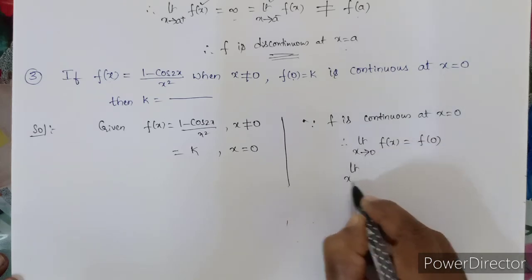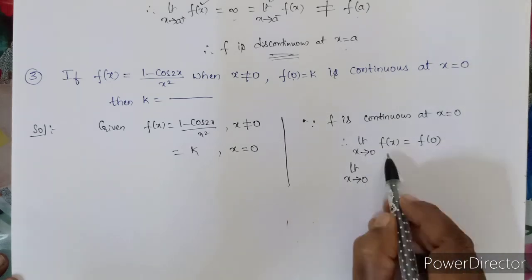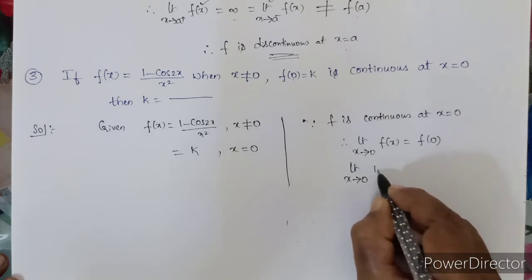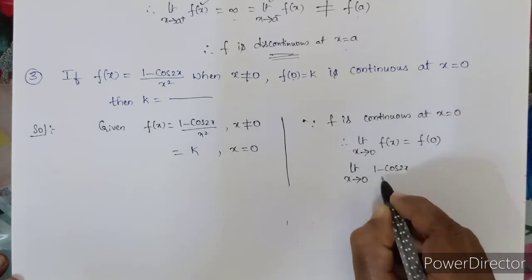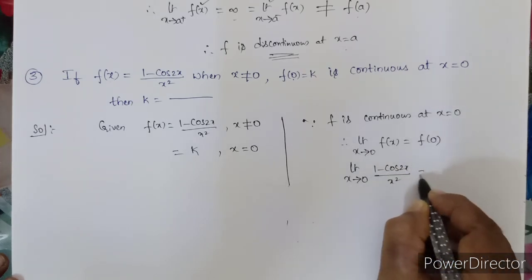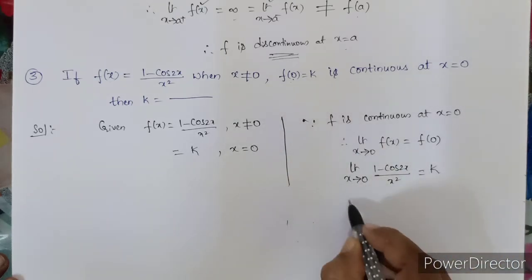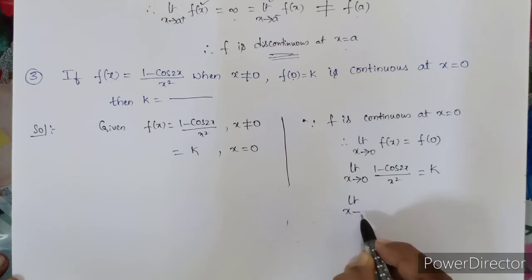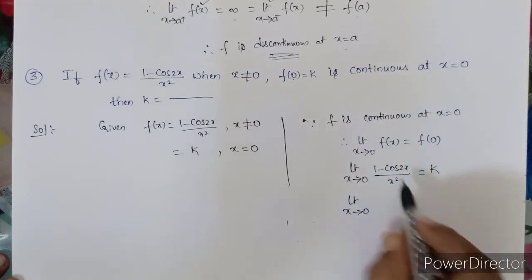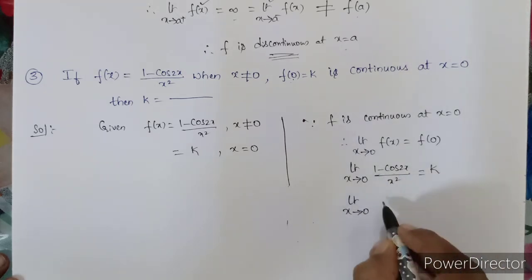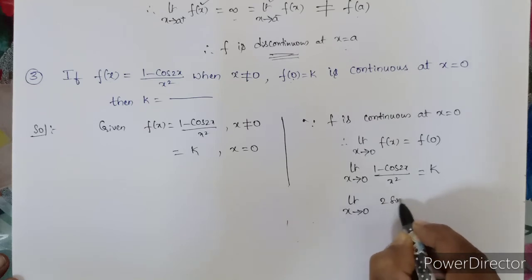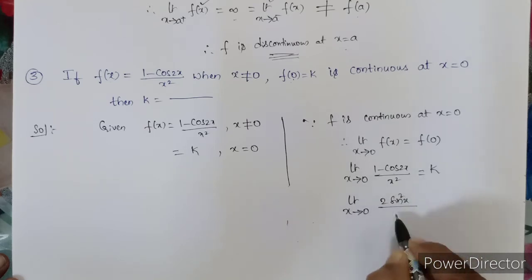Limit x tends to 0, f of x here is 1 minus cos 2x by x square, and f of 0 it is given k. Limit x tends to 0, 1 minus cos 2x, in trigonometry we know this is equal to 2 sin square x by x square.